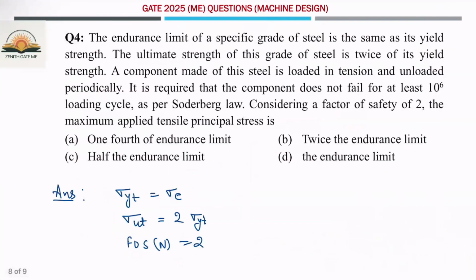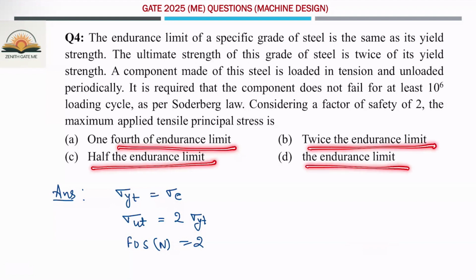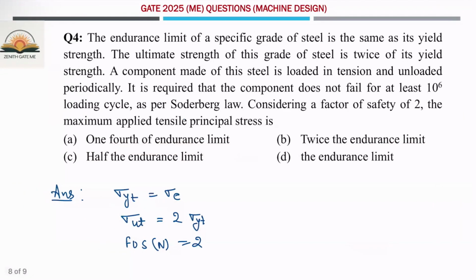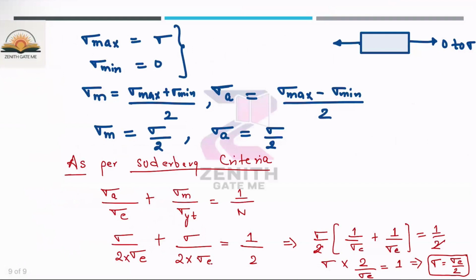So you have to identify the maximum applied tensile principal stress. There are 4 options: 1/4 of the endurance limit, twice the endurance limit, half the endurance limit, and the endurance limit. So the correct answer for this question is option C.